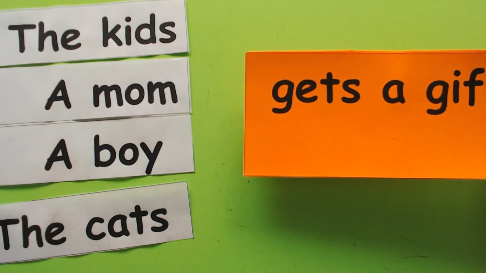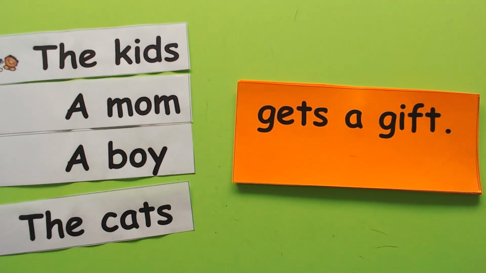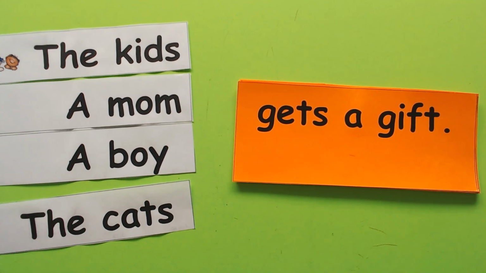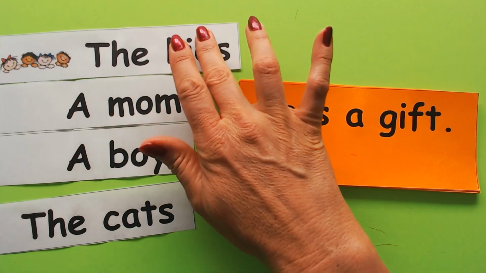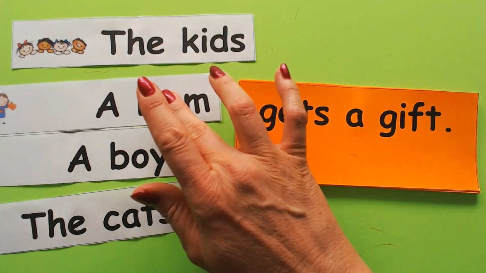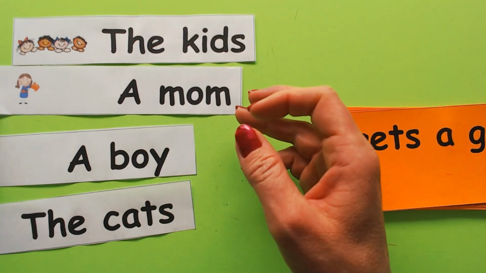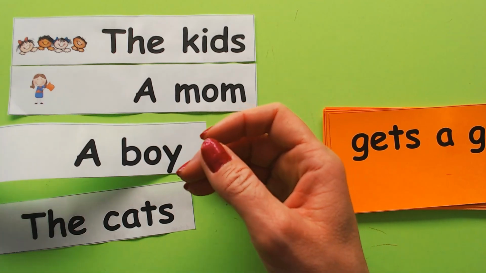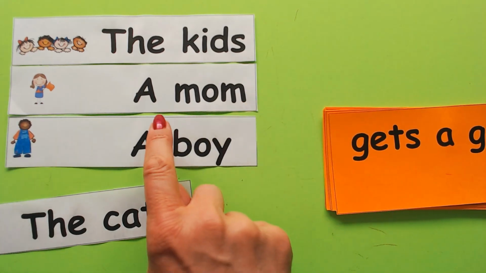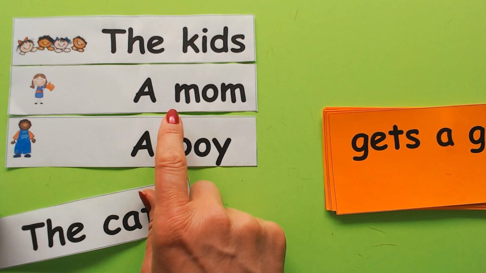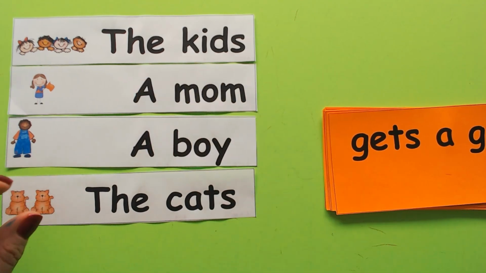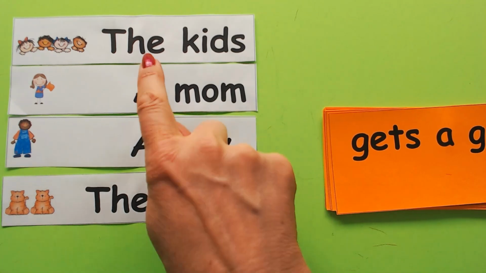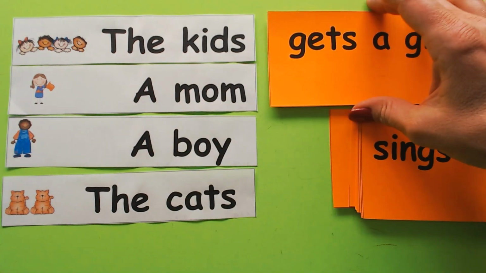These are the subjects and these are the verbs. So here's the kids. There's more than one of them. That means whatever verb we use is not going to have an S after it. Just the verbs that follow singular subjects, or subjects that are just one, have to have an S. So the kids gets a gift.